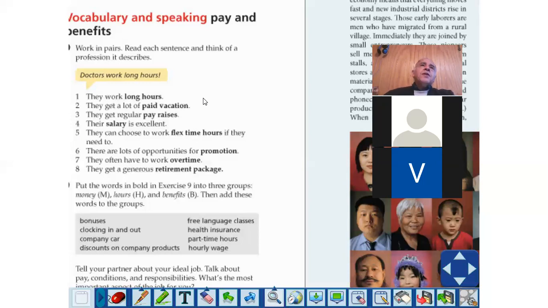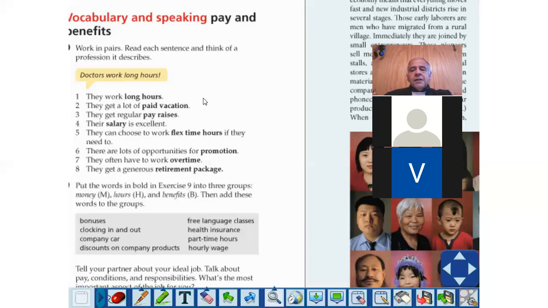Some people have very good salaries, some others do not. If you are going to be teachers, you have to be prepared that your salary is not going to be pretty high or good. Although nowadays the teacher's salary is better than in the past. Now you start with better expectations.